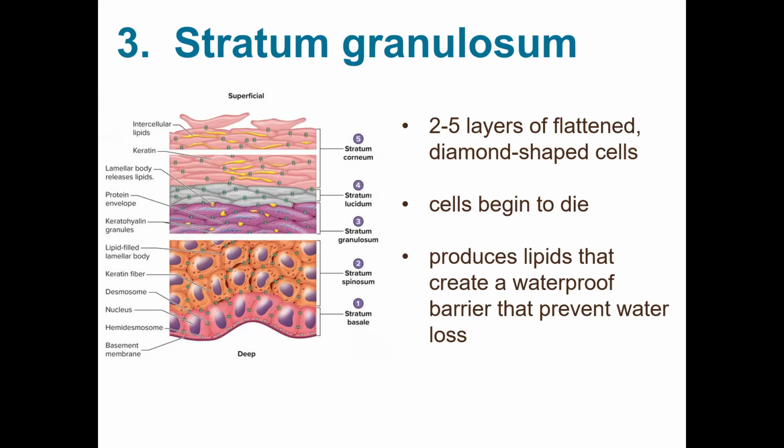They're going to continue to produce those lipids, and these lipids are not the same as the lamellar bodies that are going to deliver nutrients, but these are going to start to form that waterproof barrier. Think back to our cell membrane, our phospholipid bilayer that made a good barrier. Same idea here. We're going to produce a lipid layer that's going to try to form a barrier against water loss.